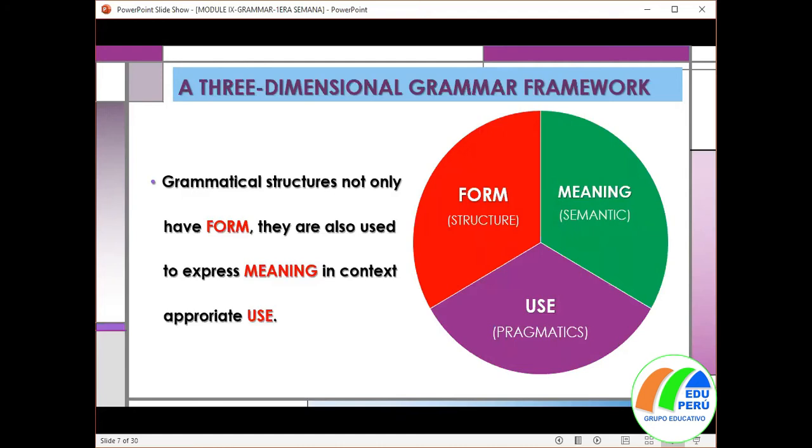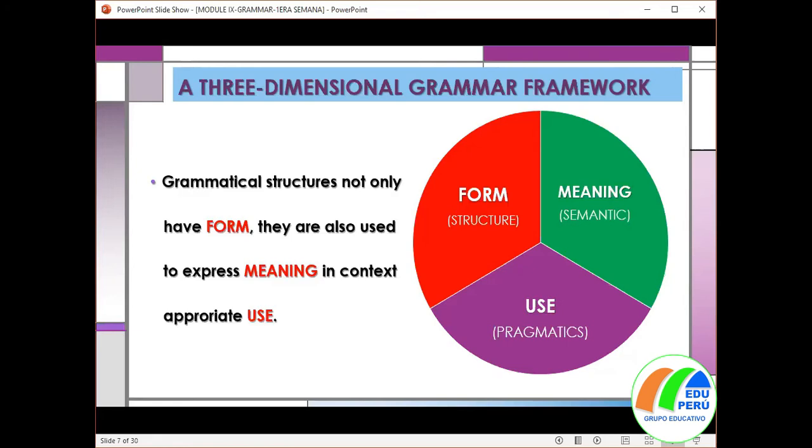And finally, you have the use, which is related to pragmatics. These are two branches of linguistics too: semantics and pragmatics. Semantics is the meaning of words. In this case, what is the meaning of the expressions, the sentences, the phrases that we use when we write or when we speak?